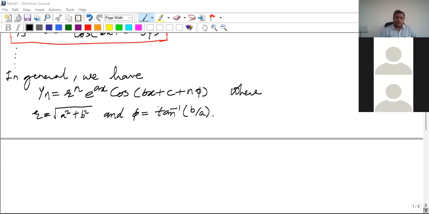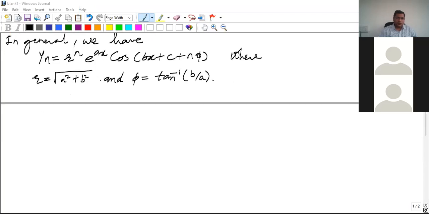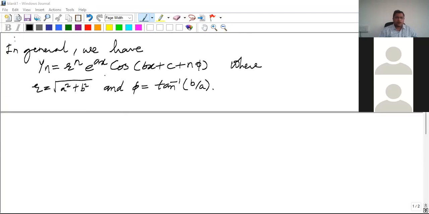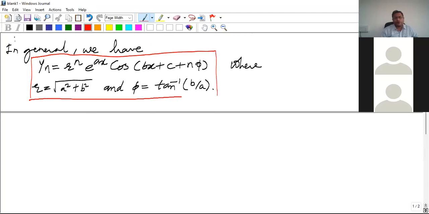Now suppose instead of cosine we have sine. Then what will happen? Let us try with sine.